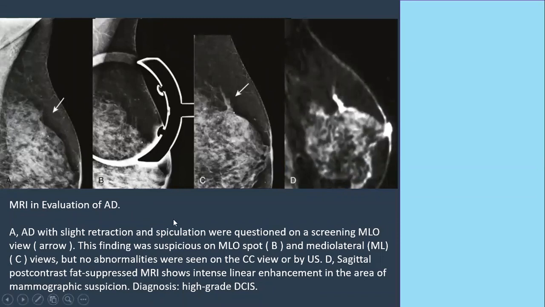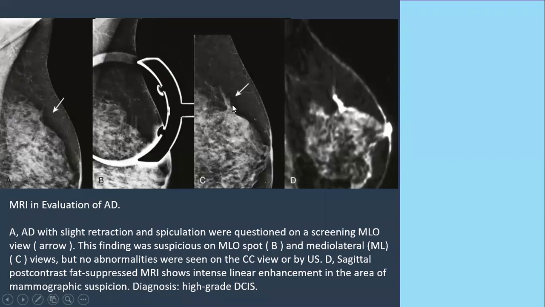Yes, the area of retraction and spiculations seen in the MLO single view, not seen in the other view. The finding is suspicious on the spot, but was not seen in the CC view. No abnormalities in the CC view or ultrasound. And this is a true lateral view demonstrating the abnormality, which is also suspicious.